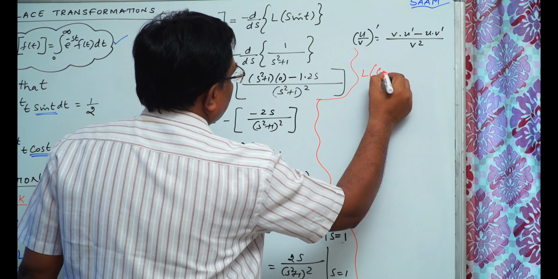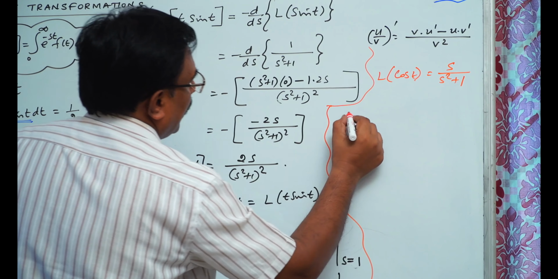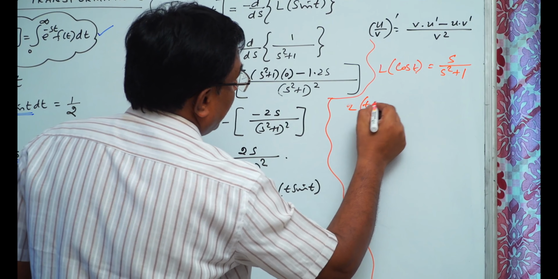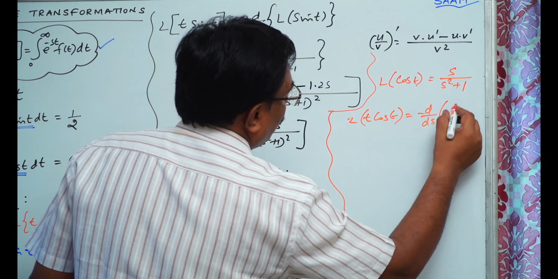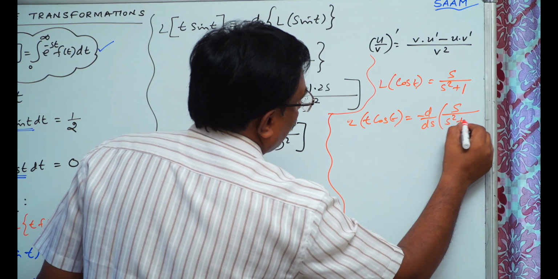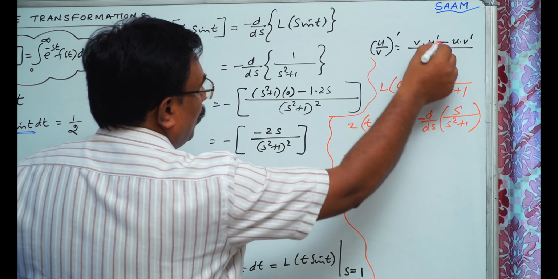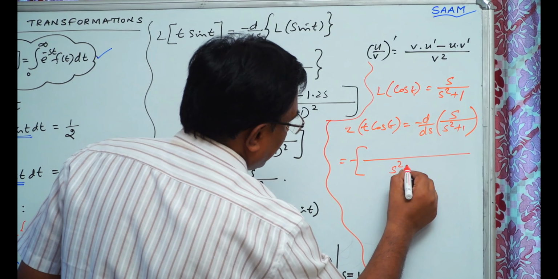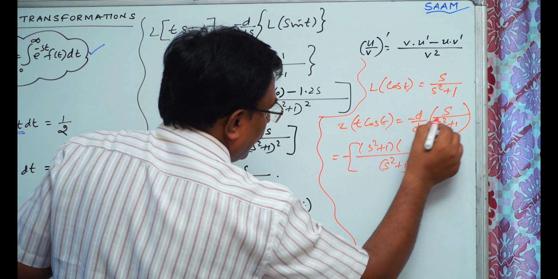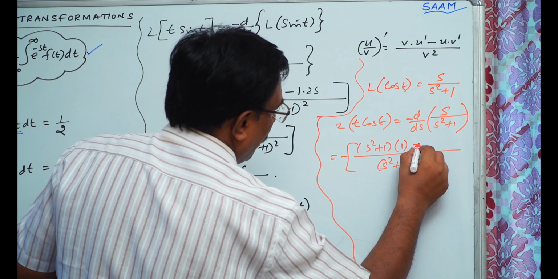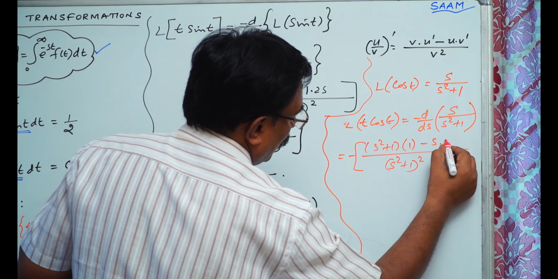Laplace of cos t is equal to s divided by s square plus 1. Laplace of t cos t is equal to minus d by ds of s divided by s square plus 1. Again using the quotient rule, v square is s square plus 1 whole square, v is s square plus 1, differentiation of s is 1, minus s dot v dash, which is 2s.